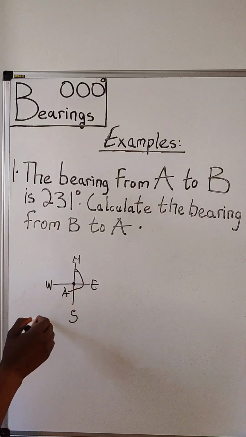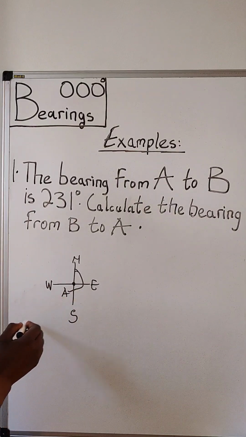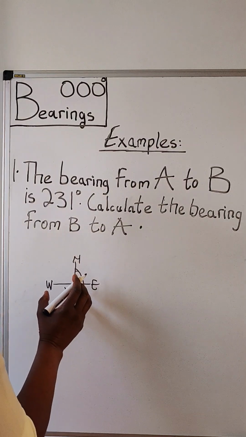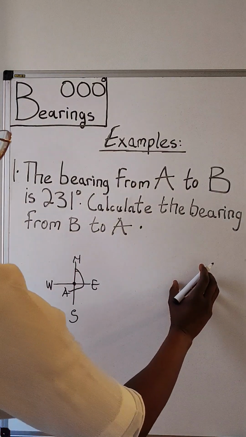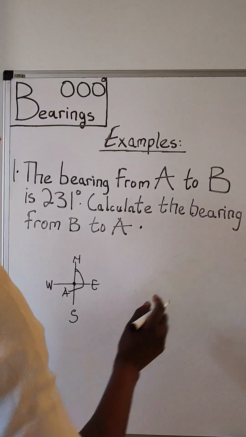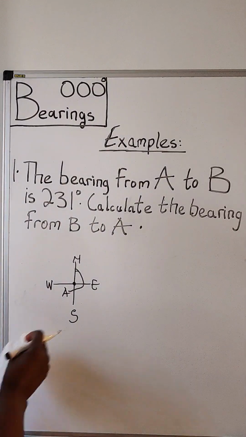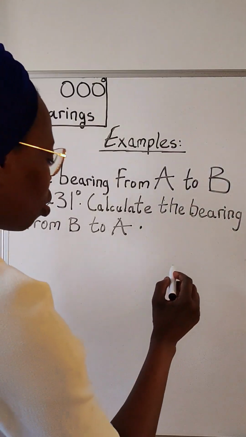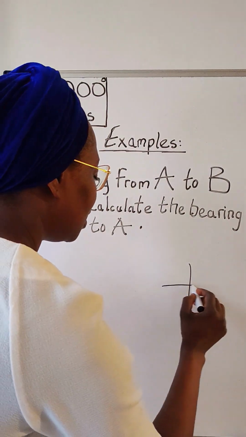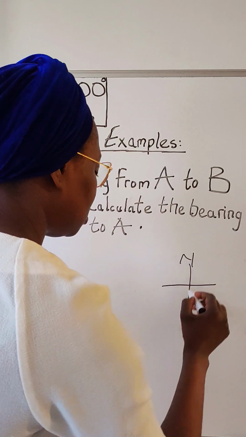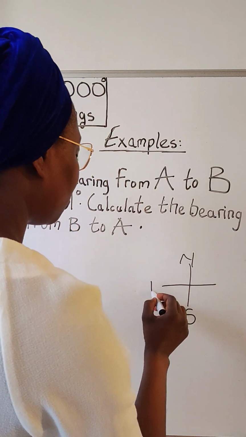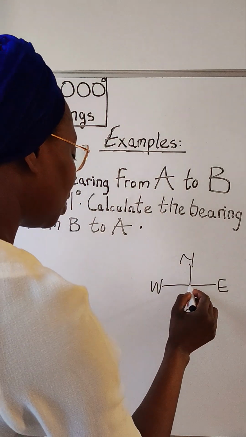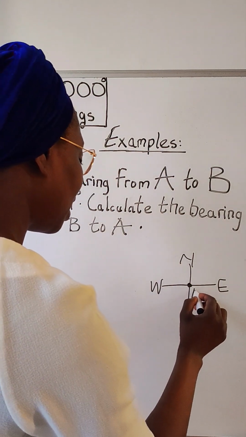And as you can see, I don't have much space here, so I'll rather take this to a place like this to be more convenient for me. So that's why I'm gonna remove it now. I'm here, a better space: north, south, west, east.